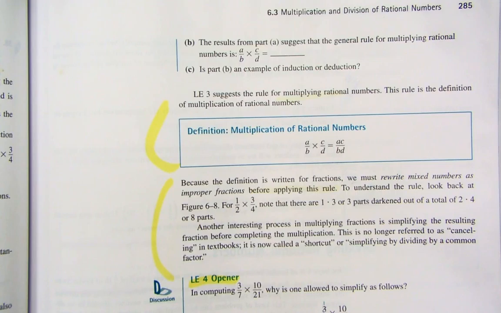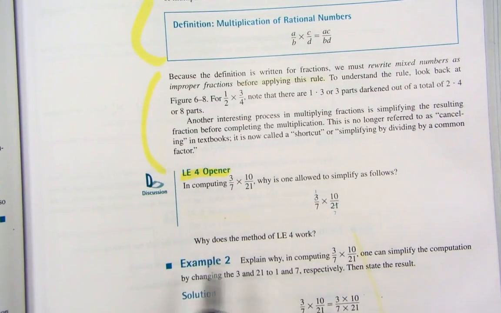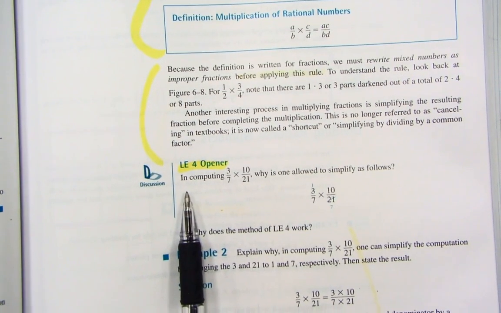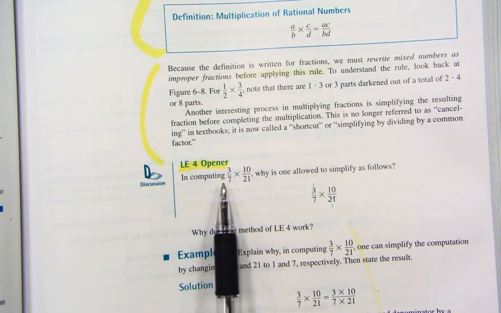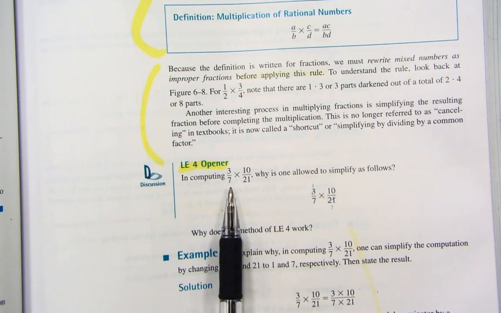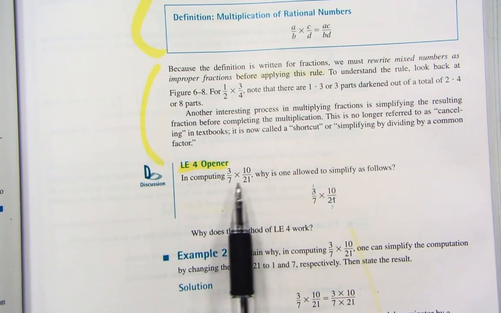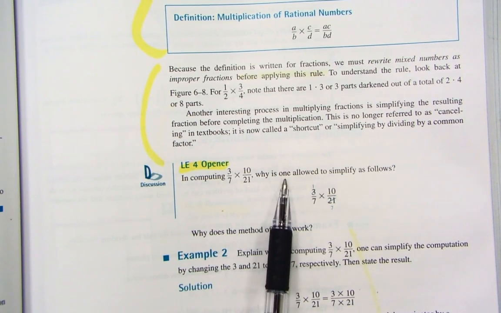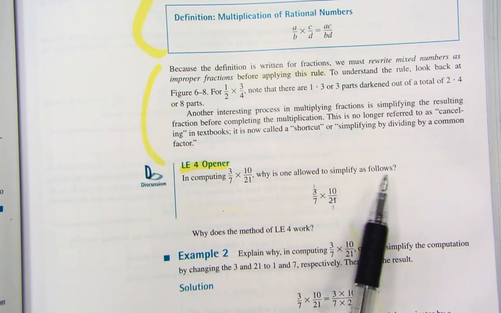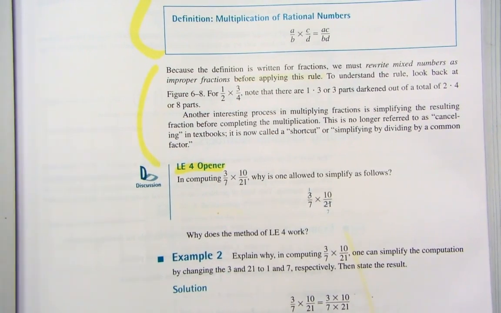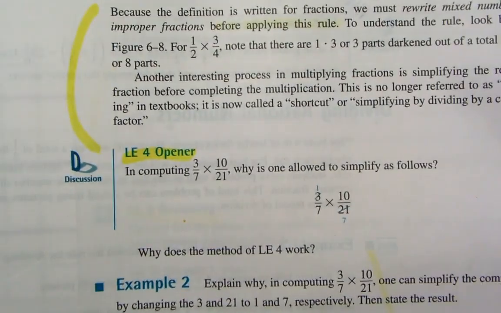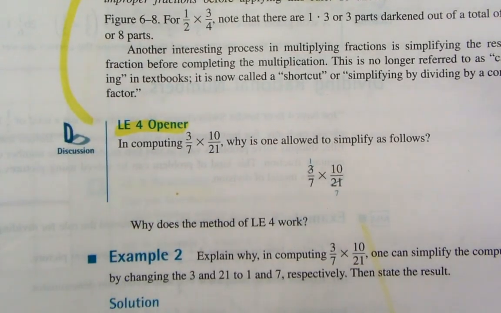All right. So here in lesson exercise 4, it says in computing 3/7 times 10/21, why is one allowed to simplify as follows? So this whole idea of cross-canceling can be puzzling to students.